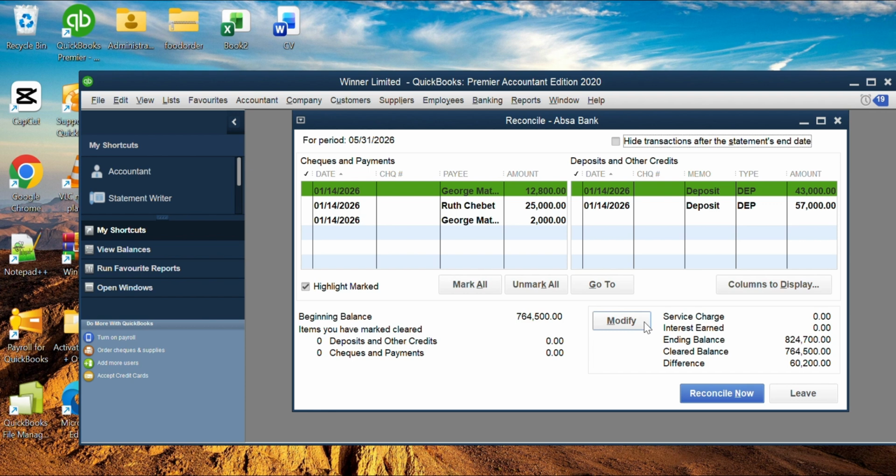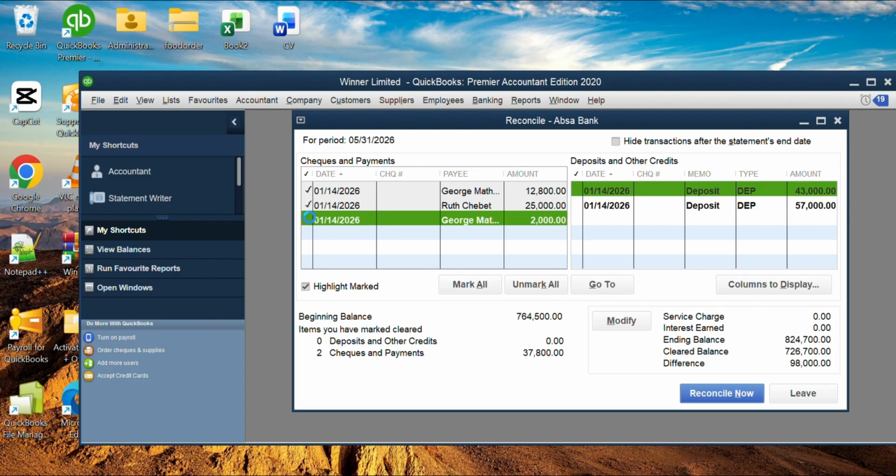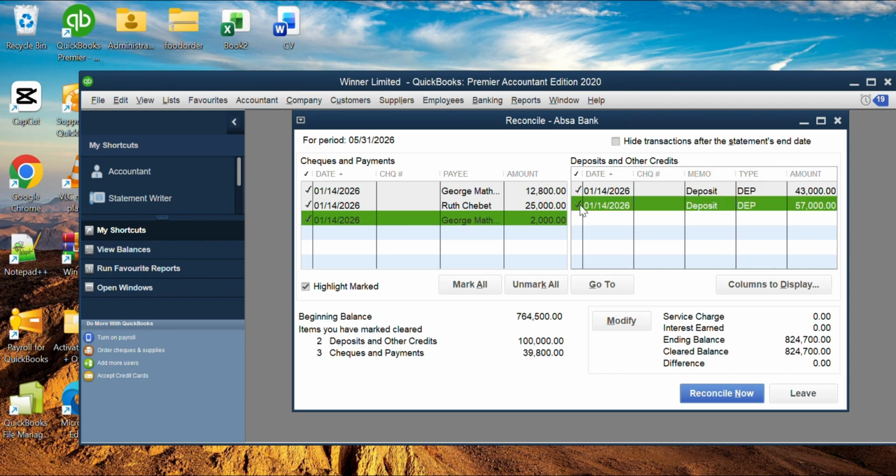So supposing that I had a physical bank statement, I would put the closing balance of my bank statement. I would put the opening balance of my cash book account, but the closing balance of my bank statement, so that I will be able to get the items that are in the cash book but not in the bank statement, and that are in the bank statement but not in the cash book.